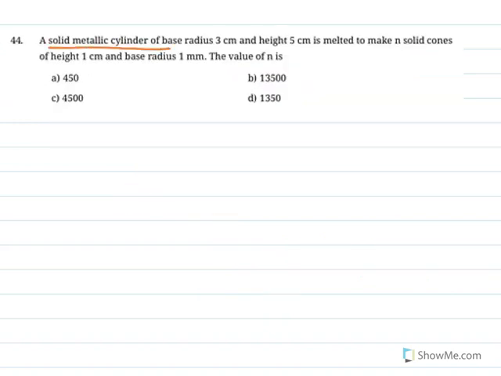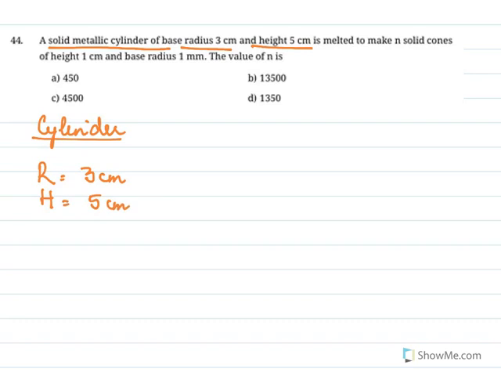A solid metallic cylinder of base radius 3 and height 5 centimeters is melted. So here we have a cylinder, and in this cylinder the radius of the cylinder, we put it as R, is 3 centimeter and the height is 5 centimeter.